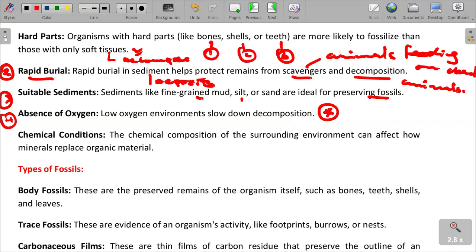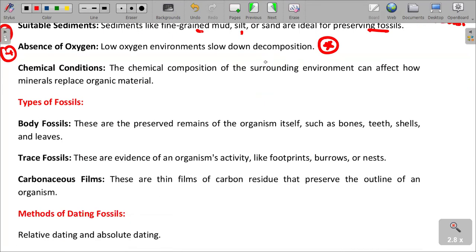Absence of oxygen helps to reduce decomposition, therefore we are able to see those remains. And then chemical conditions: the chemical composition of the surrounding environment can affect how minerals replace organic materials, which is point number five.